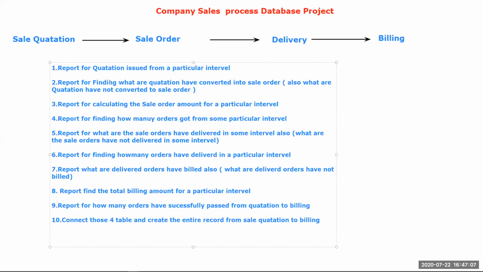Okay, so the report for quotations issued in a particular interval: first the customer goes and asks for some quotations for their requirement from the company, and the company will issue quotations. Take the textile industry: the customer needs two shirts, two pants and one kid wear.